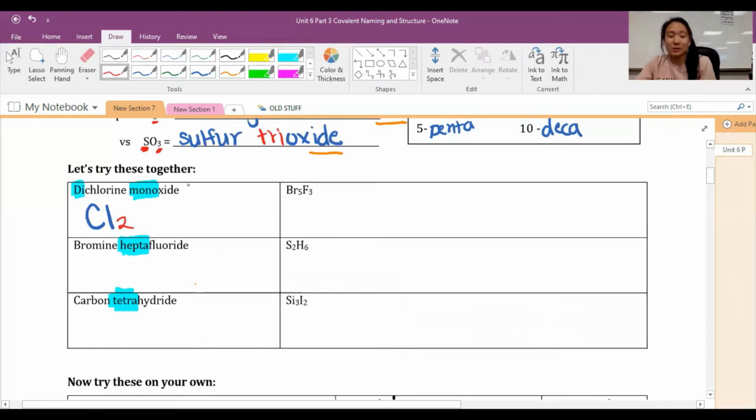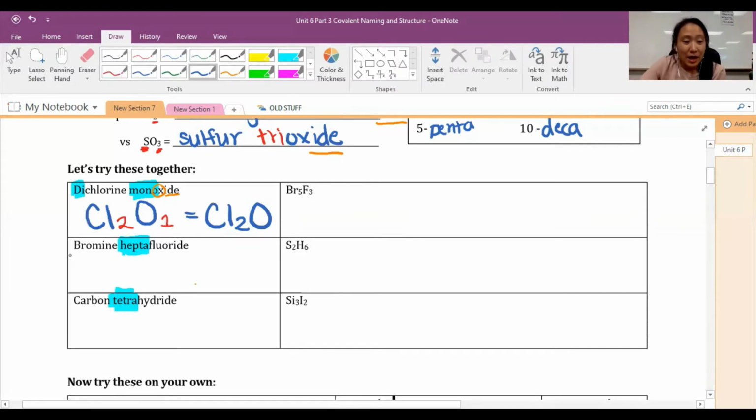Mono, okay, is 1, right? Oxide, so you gotta be careful. It ended in an IDE ending, but the root element is oxygen, right? So you put an O here. Remember that you do not have to put 1s here, right? But this is how it would look, monoxide. If we were writing it properly, it would just be like Cl2O like this without the 1. But that is dichlorine monoxide.